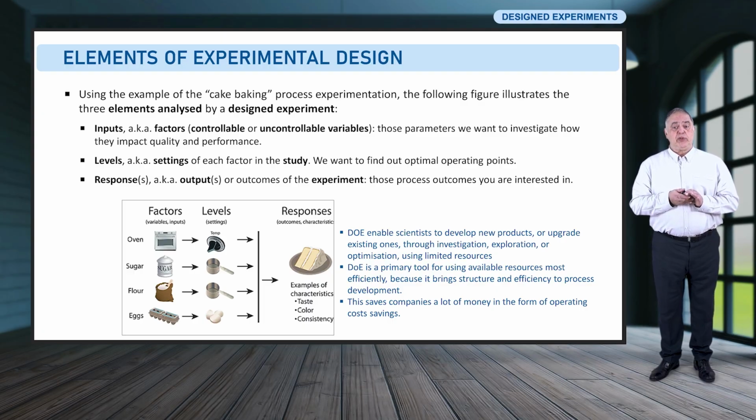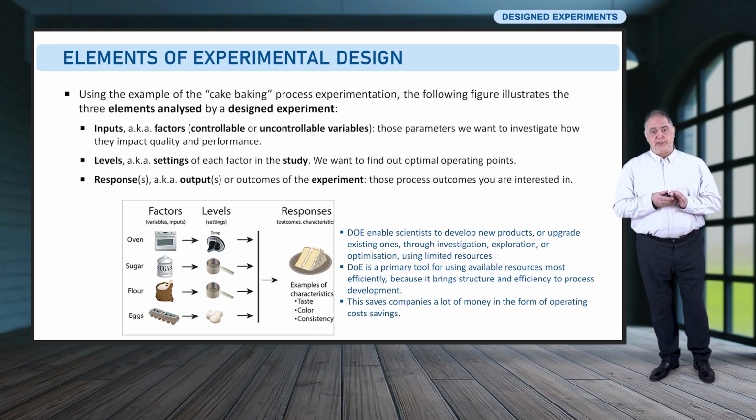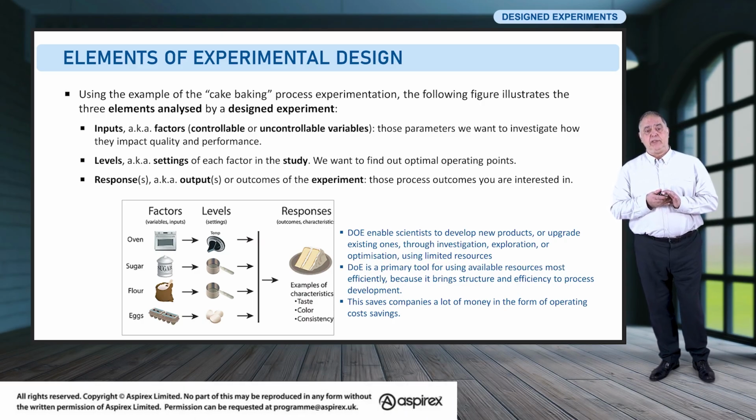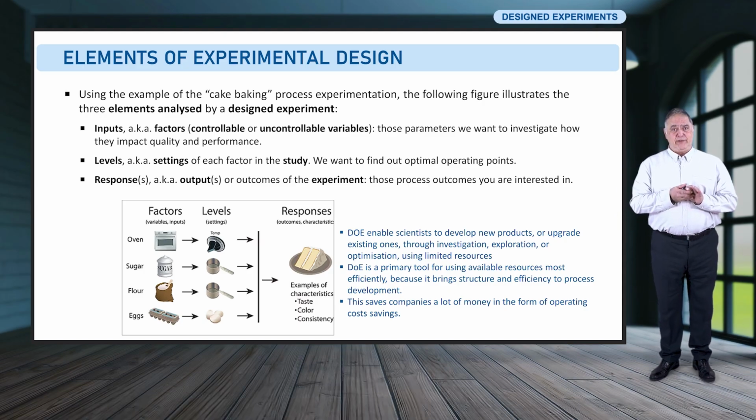Those parameters that we want to investigate how they impact quality and performance in the output. Levels, also known as settings. So each factor can be set at different levels, and that's why these factors are known as independent variables. And also responses, also known as process outputs, outcomes of the experiment, and these are the process outcomes that you're interested in.